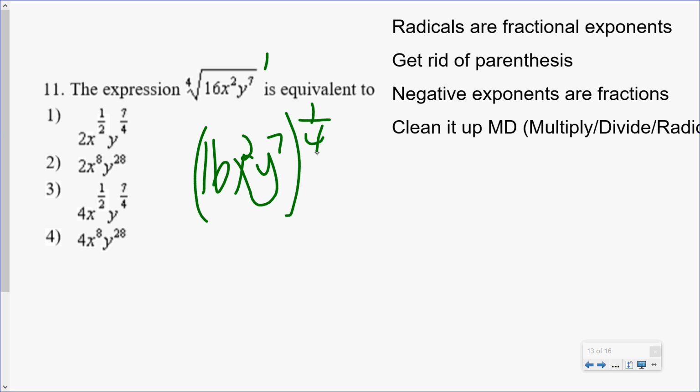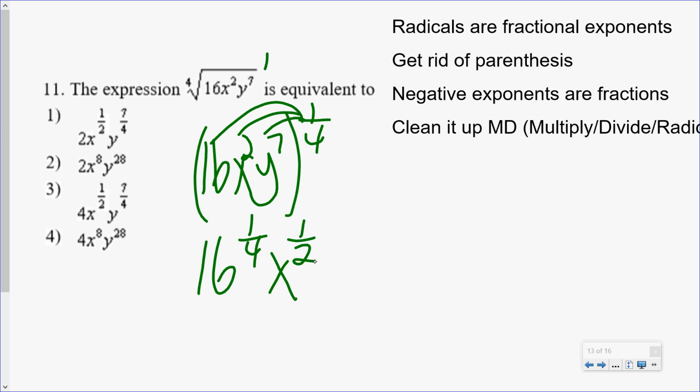Get rid of parentheses. Everything inside gets it. 16 gets it. When I'm raising a variable to a power, multiply the powers. 2 times 1 is 2 over 4. 2 over 4 reduces to 1/2. 7 times 1 is 7 over 4. I can't reduce, it is 7 over 4.